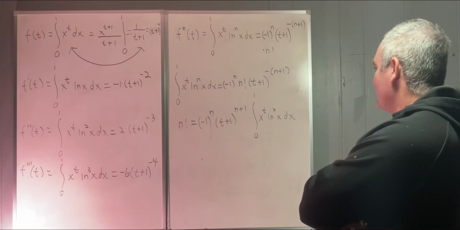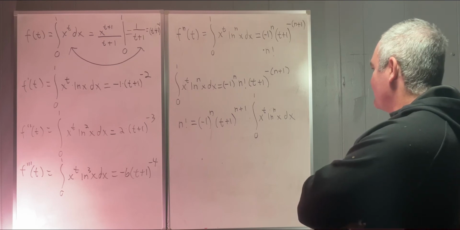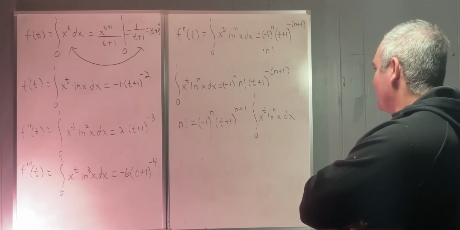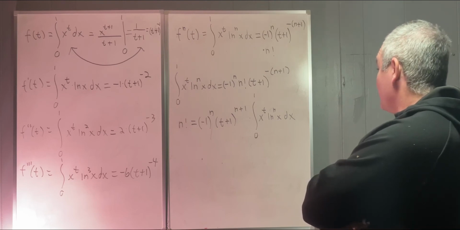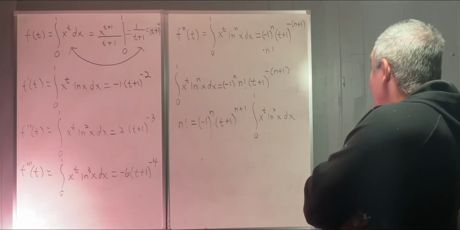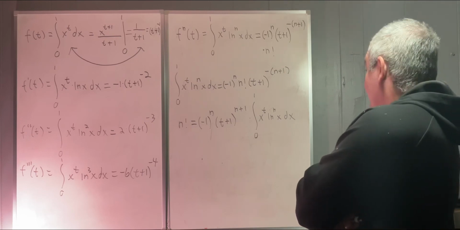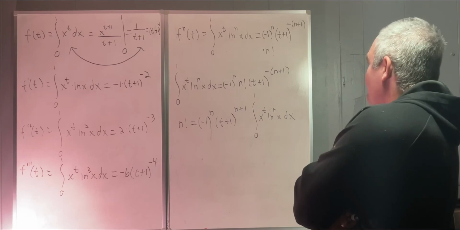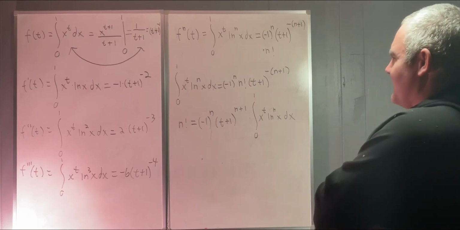Well, those t's are annoying, aren't they? How can we get rid of them? We'll just plug in a number. This will be true for all values of t. Am I correct in saying that, though?